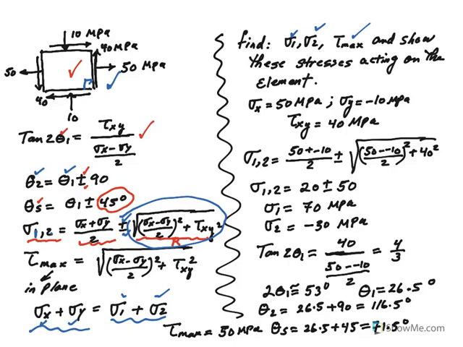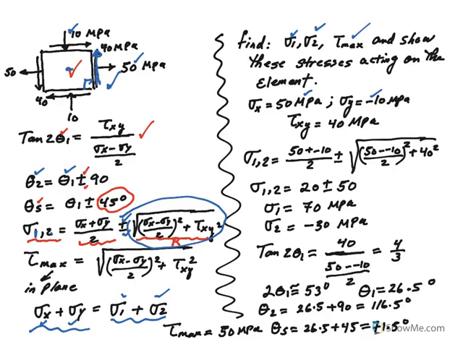Okay, so the first thing you want to do is identify what your stresses are on the element. So you can see that sigma x is in tension, that's positive 50 megapascal. Sigma y is in compression, so that would be negative 10. And this tau xy, we talked about this earlier, guys. If shear stress is pointing up on the right hand side of this element, that's a positive shear stress.